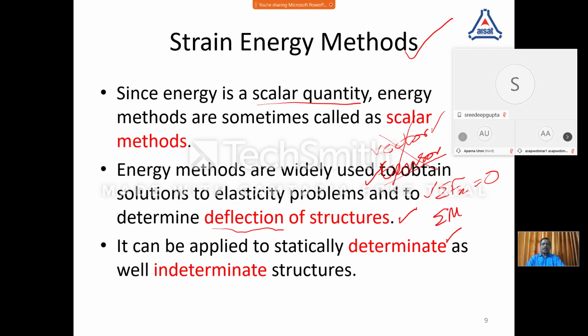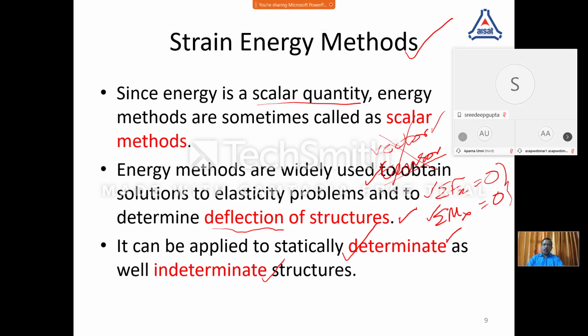Another equation used is sigma Mx, the sum of moments about the point x, equal to 0 in equilibrium. If you are able to solve a problem using any of these methods, we can call it a statically determinate problem. And if it is not possible, then we call it statically indeterminate.